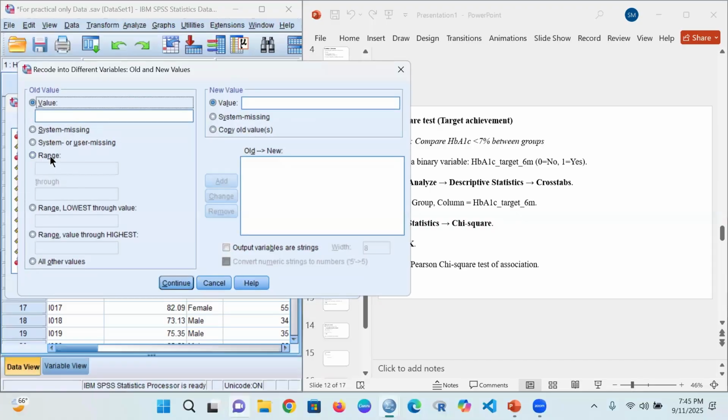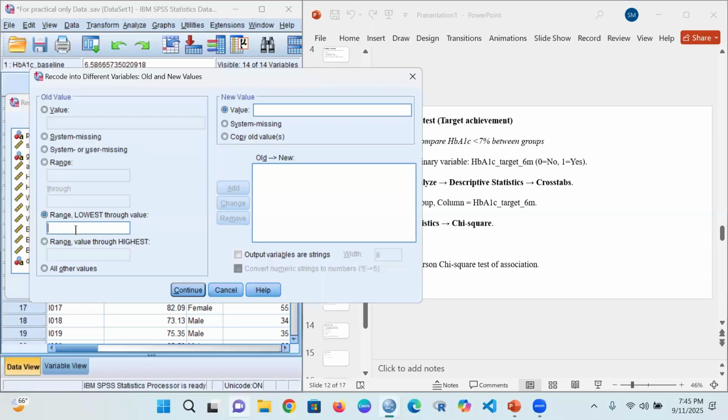So the lowest. Let's say those patients who have achieved the target, as in those patients who have achieved the target that you wanted, will be less than 7.